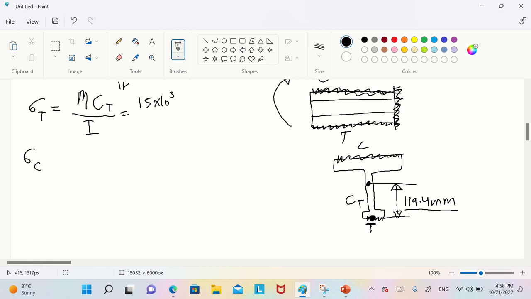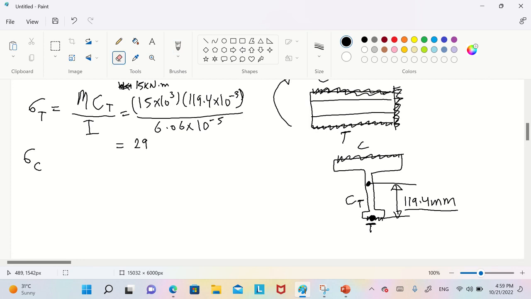We change it: 15 kilonewton multiplied by the meter to 15 times 10 power 3 newton meter, multiply by the 119.4 times 10 minus 3 over the moment of inertia that we get, which is 6.06 times 10 power minus 5. You will get 29.